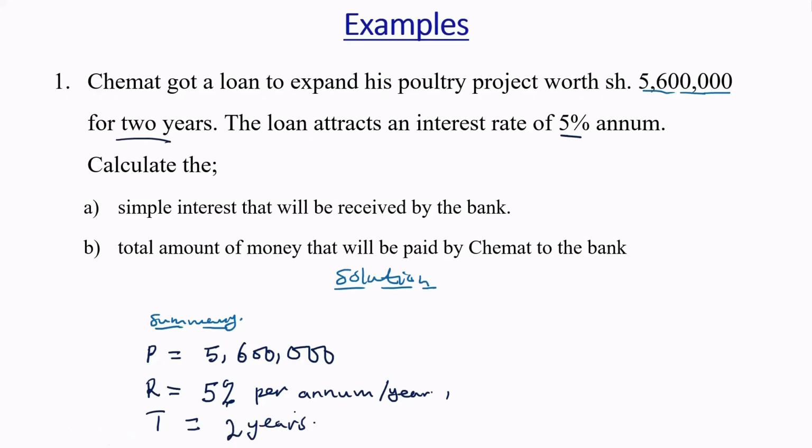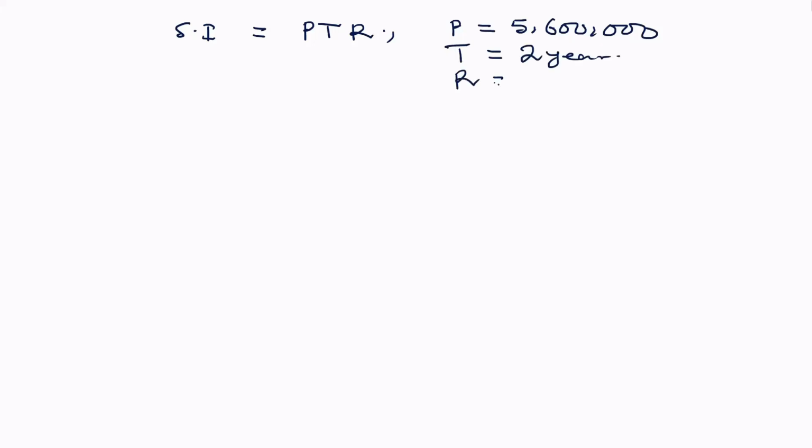So now let us have part A by plugging into the formula that simple interest equals the principal multiplied by time multiplied by R. But remember, our principal equals 5,600,000, whereas our time equals 2 years, then our rate equals 5% per annum.